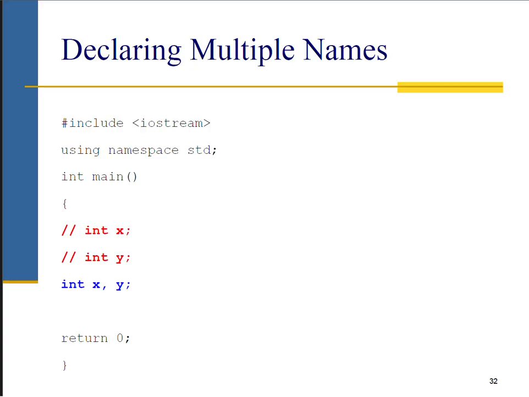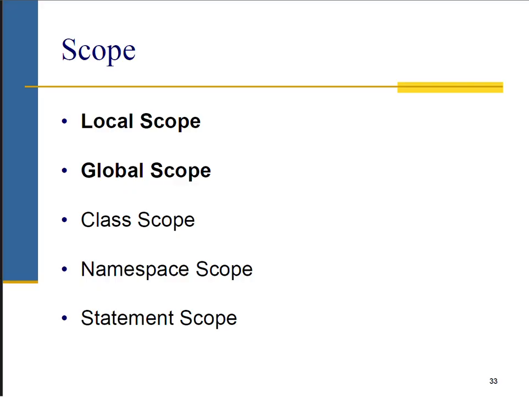This is a simple program that declares multiple names. So, types of scope. We have local scope, global scope, class scope, and namespace scope, and then statement scope also.